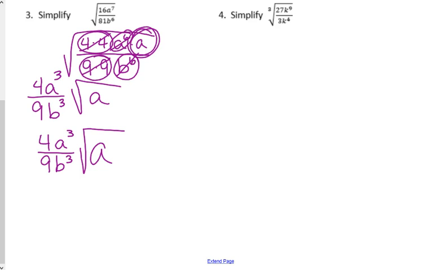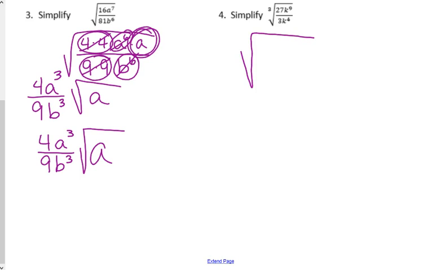So now we have number 4. It's taking the cube root of 27k to the 9th over 3k to the 4th. Now, in this case, we're going to look for our trios instead of pairs, and we want our exponents to be divisible by 3, and any remainder after it's divided by 3 remains inside the radical. So let's go ahead and rewrite this.